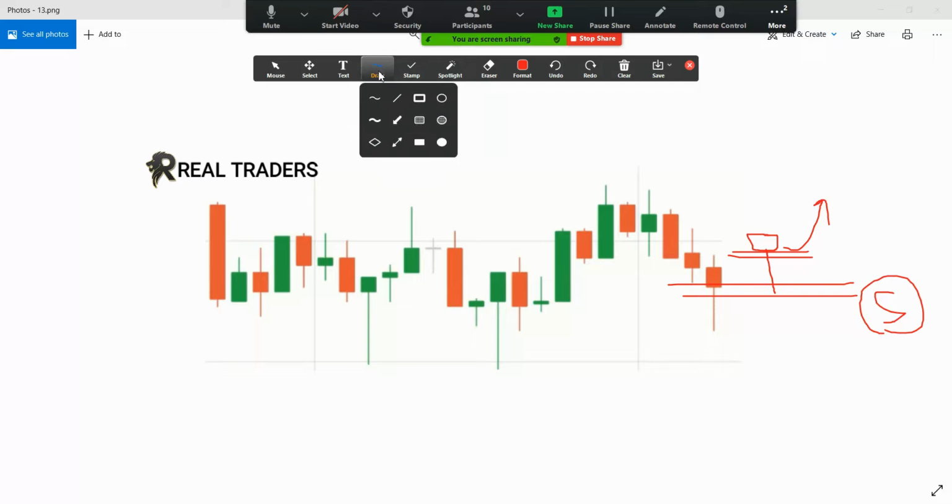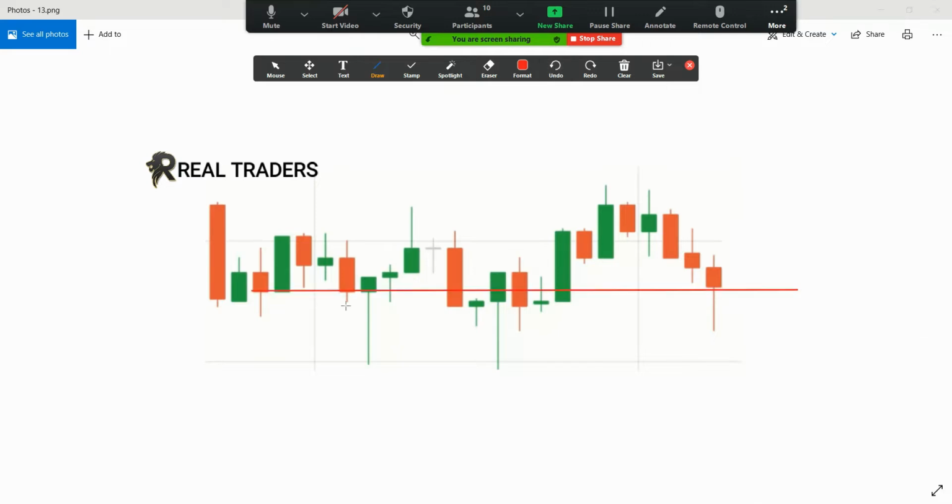That is why you set the level here instead of here. This whole area is a level. Let me draw this. I was wondering if we shouldn't wait for this candlestick to touch this lower level here.